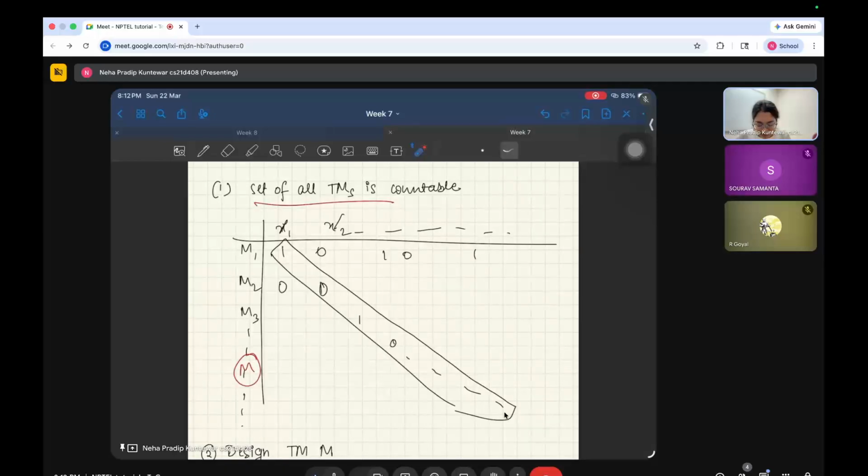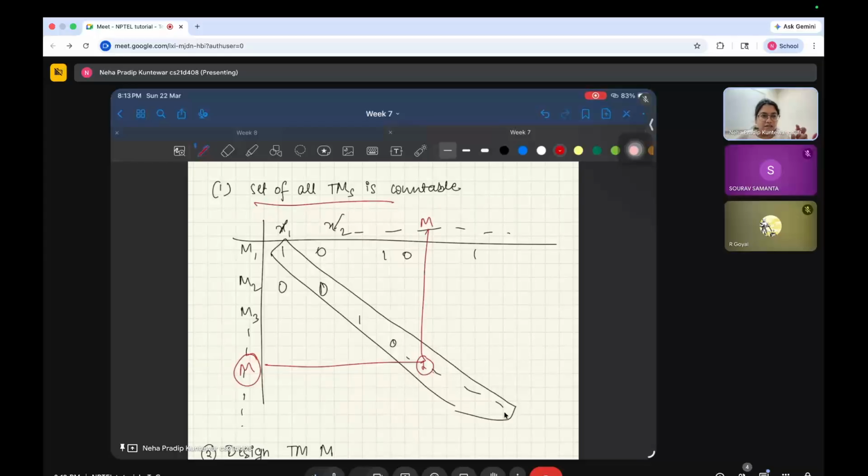You look at the machine m and look at what it does on its own input, right? This is also a string, so the same string must appear somewhere here also. You look at that entry, so initially let's say the entry was 1.